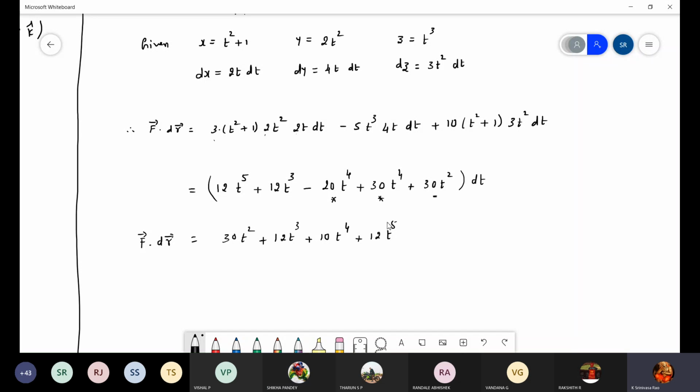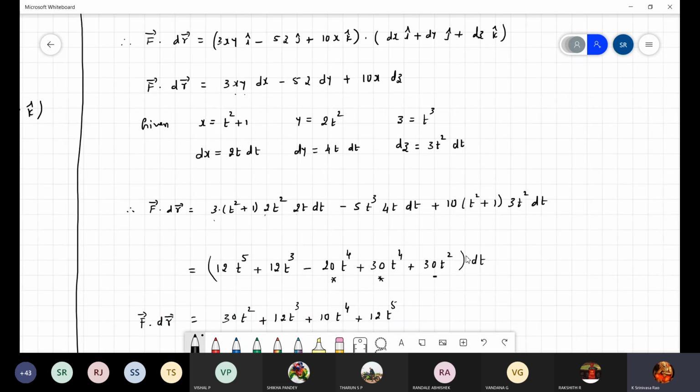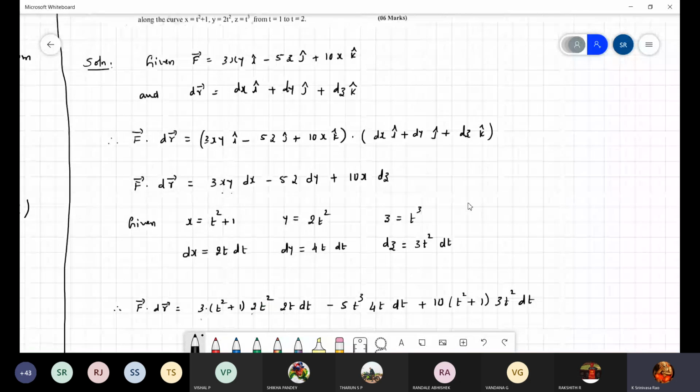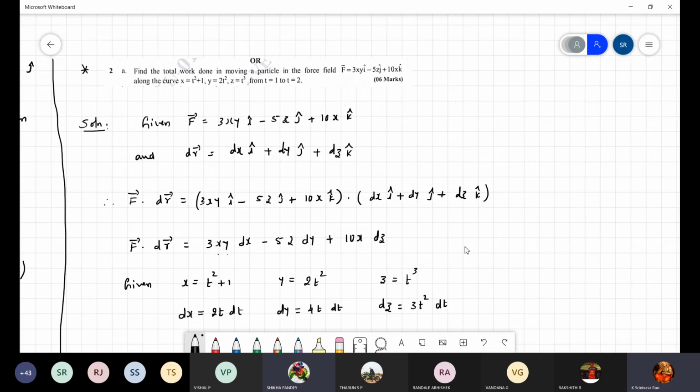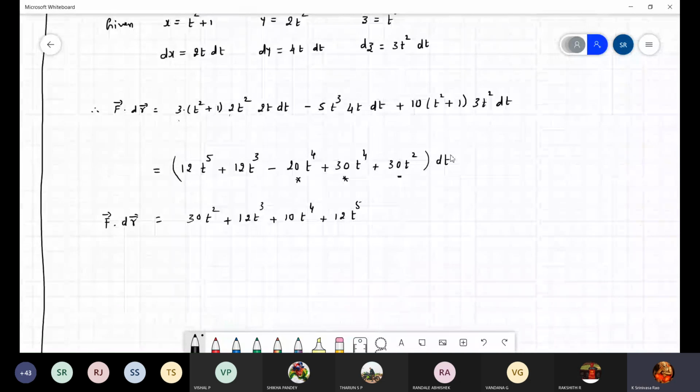Now integrate, and t is given. What is the value of t? t varies from 1 to 2.